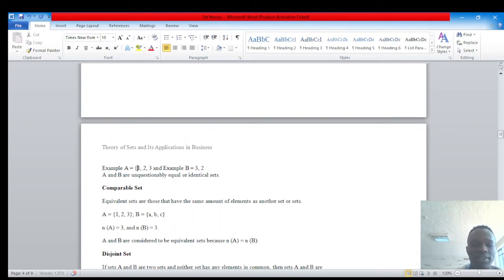You cannot say that this is an equal set. It would be an equal set if A contained three elements and B contained the same 3 elements. So A and B would then be equal or identical sets.